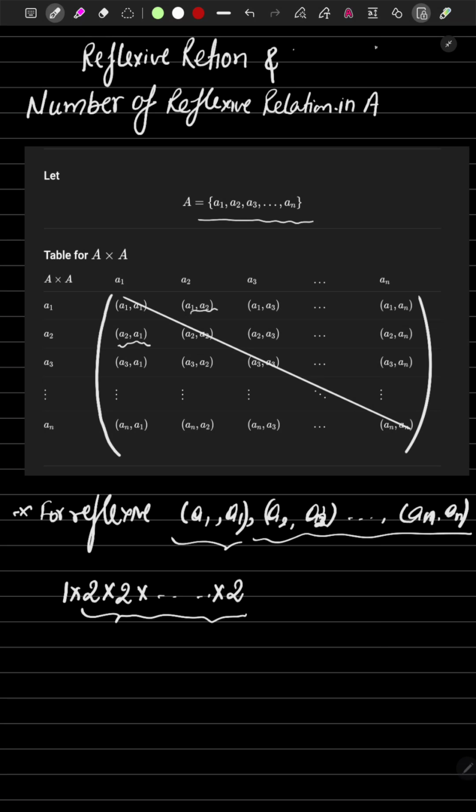How many times, dear student? If you see, this is an n by n matrix. Total n squared elements are there. n elements are in the diagonal, so the remaining elements are n squared minus n.